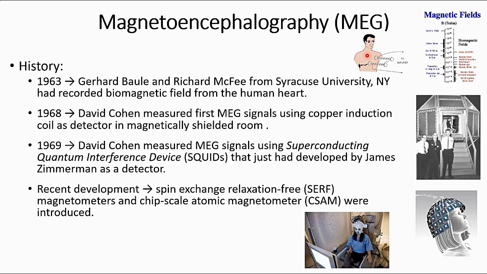The recorded data was very noisy. As we can see from this figure, the biomagnetic fields are very small compared to urban noise. However, the finding from Bohler and McPhee was still valid. In 1968, David Cohen, a physicist from the University of Illinois, measured the first imaging signal using a copper induction coil as the detector.